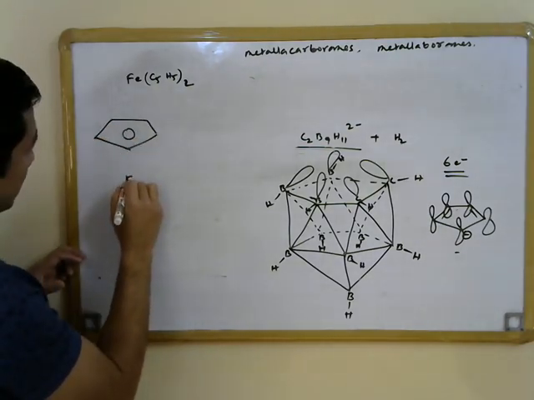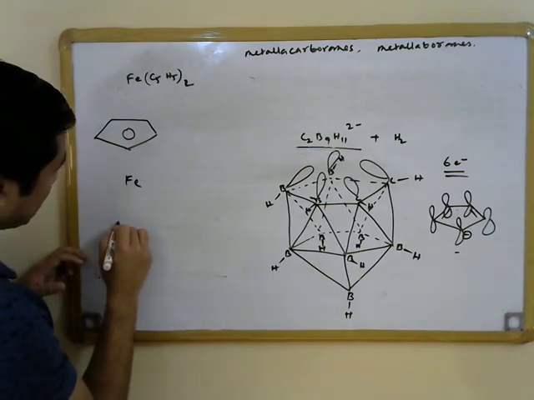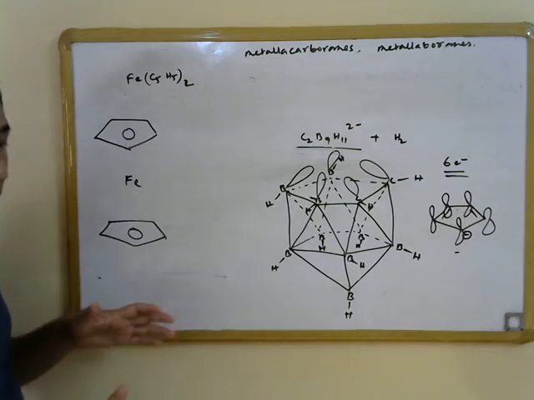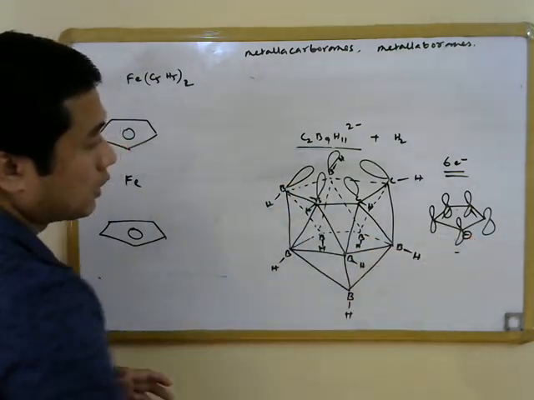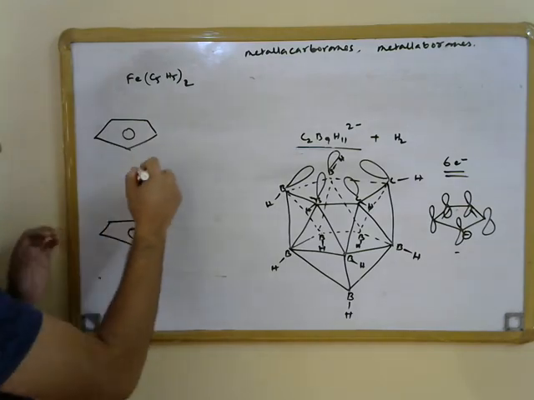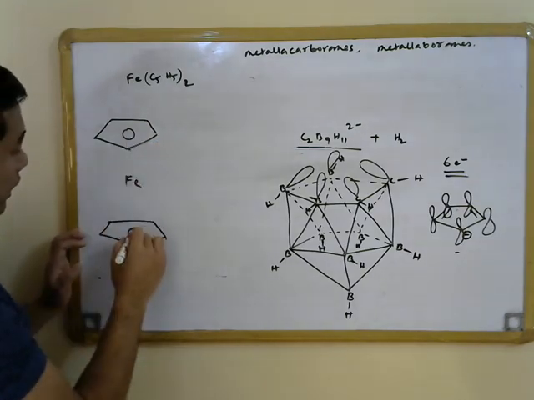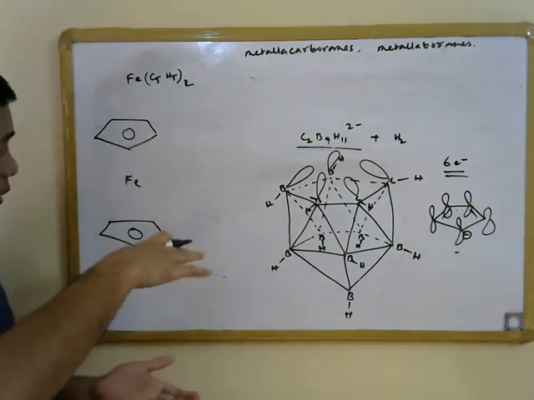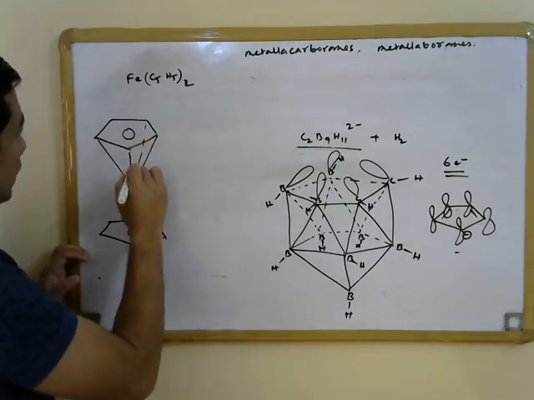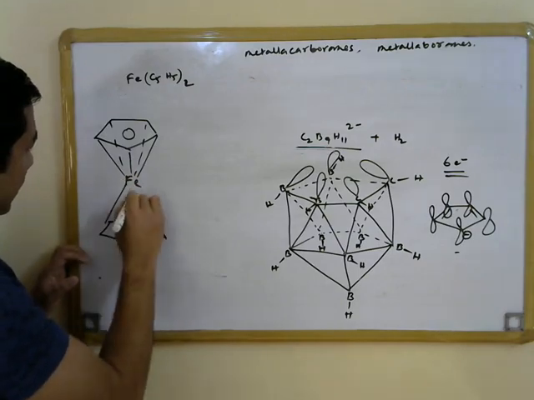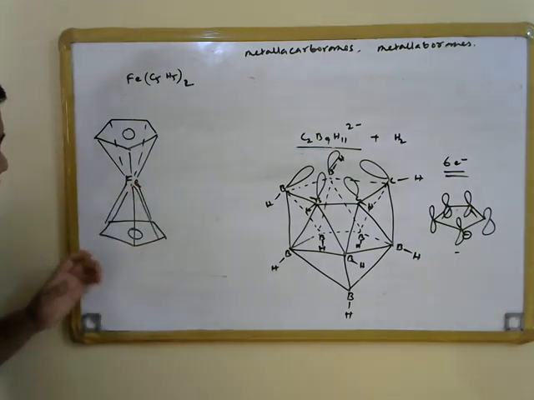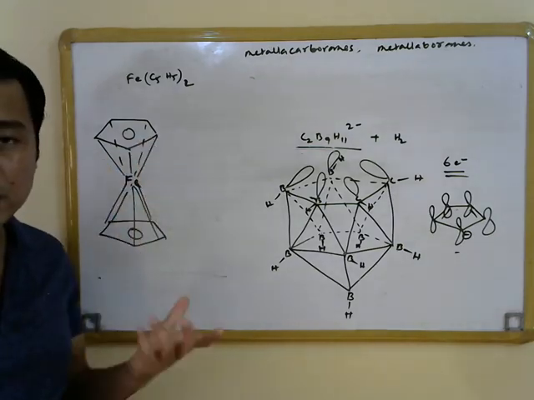In fact, it has a sandwich-like structure where the two Cp ligands, these aromatic cyclopentadienyl groups, sandwich the iron center in between, and the planes containing these two Cp rings are essentially parallel to each other. We draw the structure in this fashion where the iron center is linked to each of these carbon atoms in these Cp ligands.